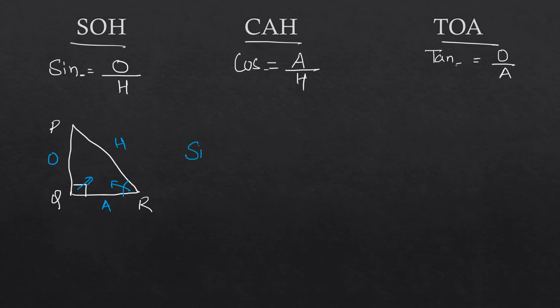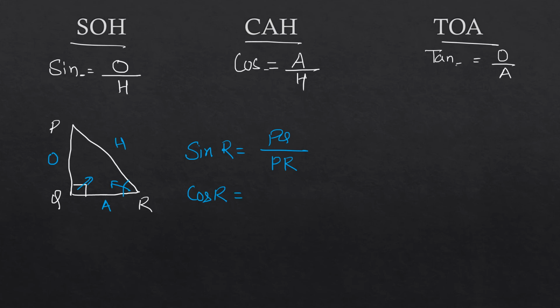So sine of angle R is going to be equal to opposite over hypotenuse. Which side is opposite over here? PQ. So we will write PQ over hypotenuse, that is PR. Similarly, cos of angle R is going to be adjacent side over hypotenuse.